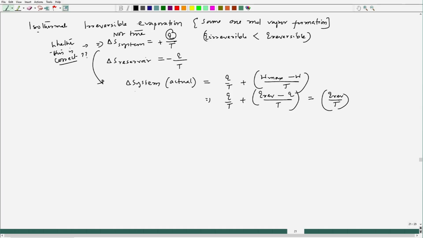So, this is basically irreversible process, okay, for the same state change.